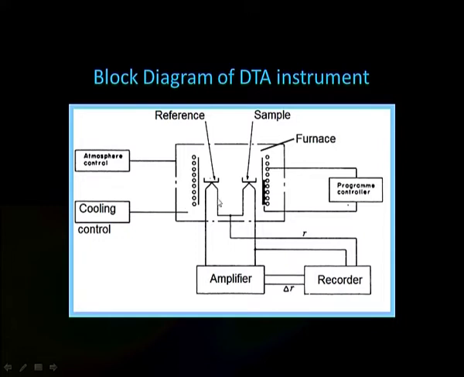Now, these reference and sample are directly connected to an amplifier and go to a recorder, and the difference between the two temperatures is measured by the recorder as delta T.